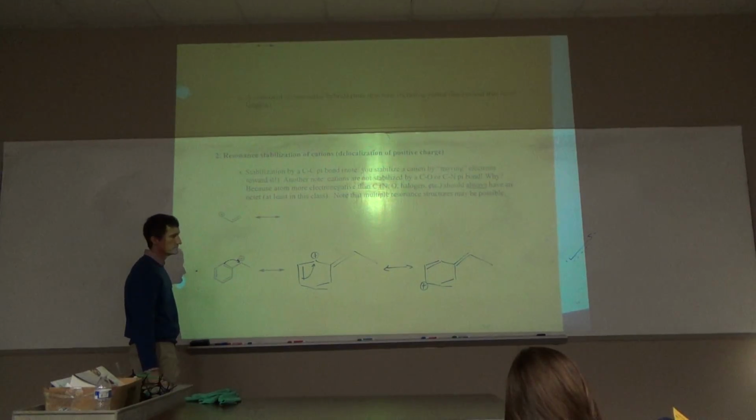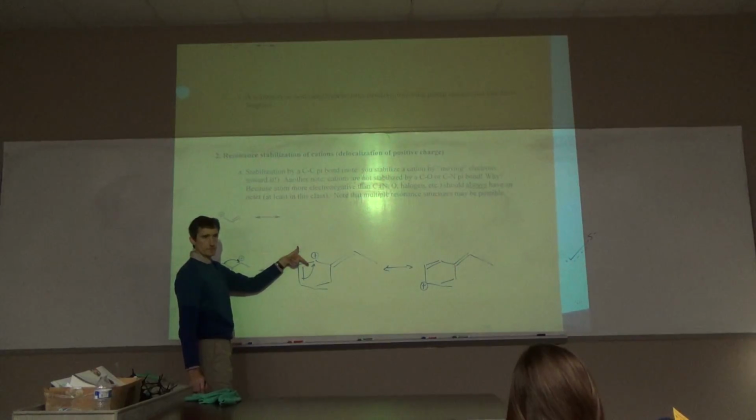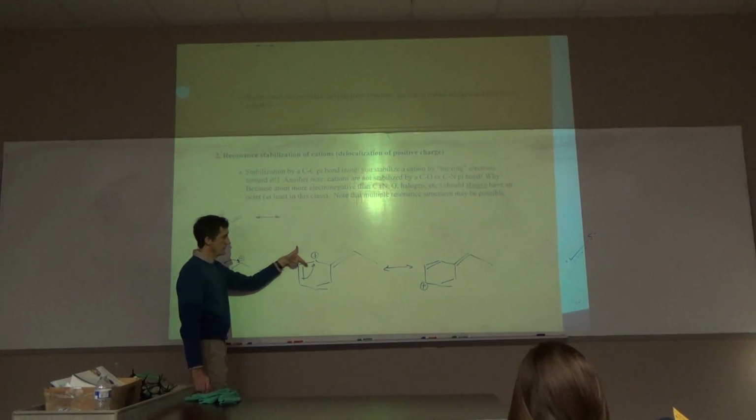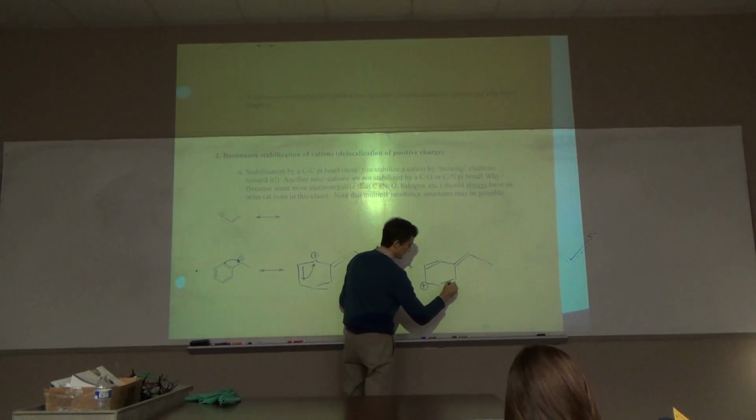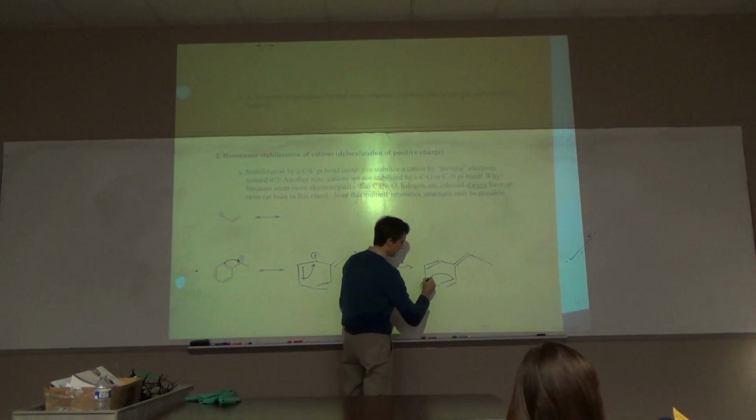And your mechanism arrows guide the way. What next? This is the 6-membered ring, right? Take these and windshield wiper over there.